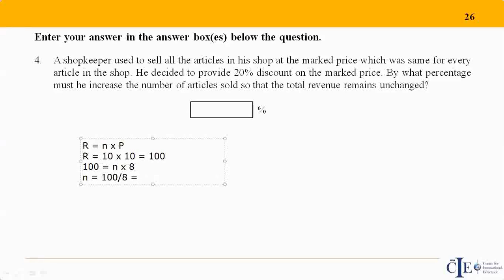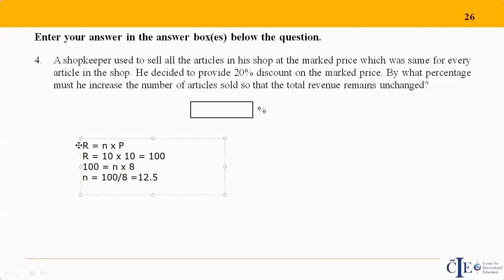With a 20% discount on the market price, 10 becomes 8, and the final value should be 100. So it should be 12.5, right? So earlier he was selling 10 and now you need to sell 12.5.